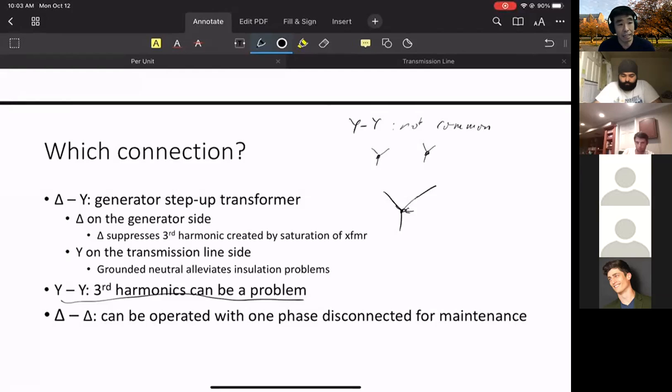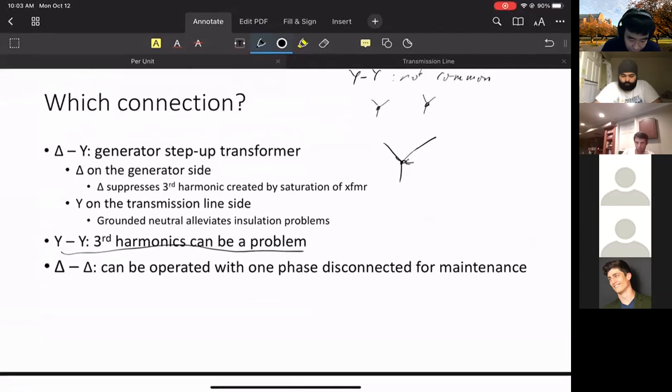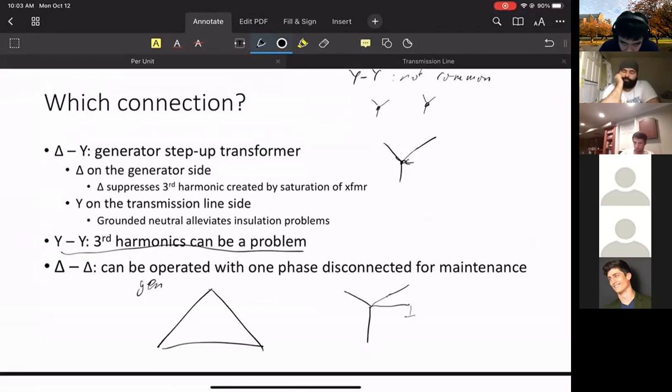For generator connections, what you typically see is, so we have a generator to a line. You have a delta on the generator side, because for the generator it's hard to run a grounding wire, and a delta is better for higher order harmonics. Then on the transmission line side, you have a Y and we add a grounding wire.